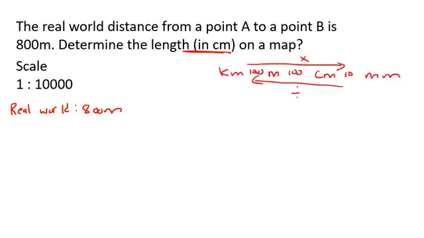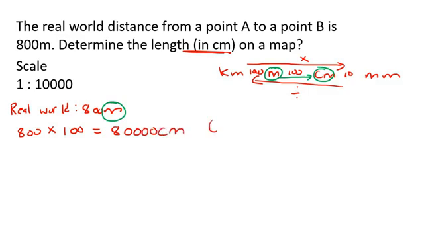We are going from meters to centimeters, so we're going to the right, and so we multiply by 100. So we say 800 multiplied by 100, and that's going to give us 80,000 centimeters.